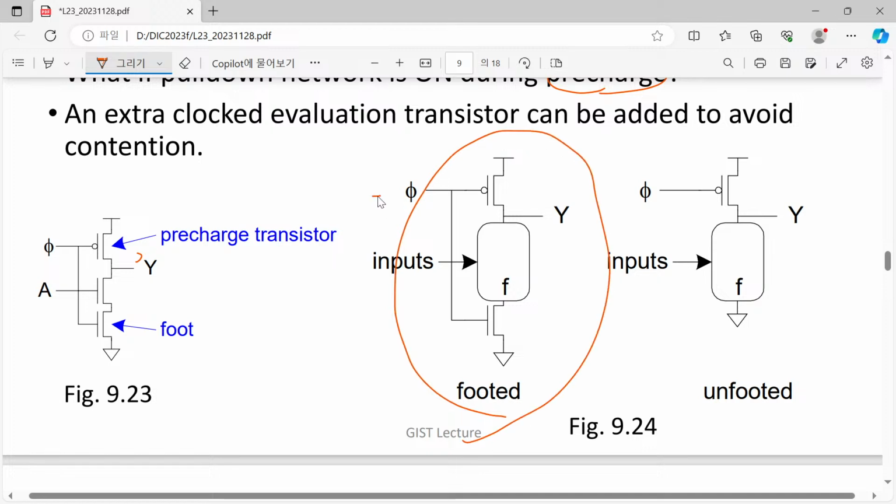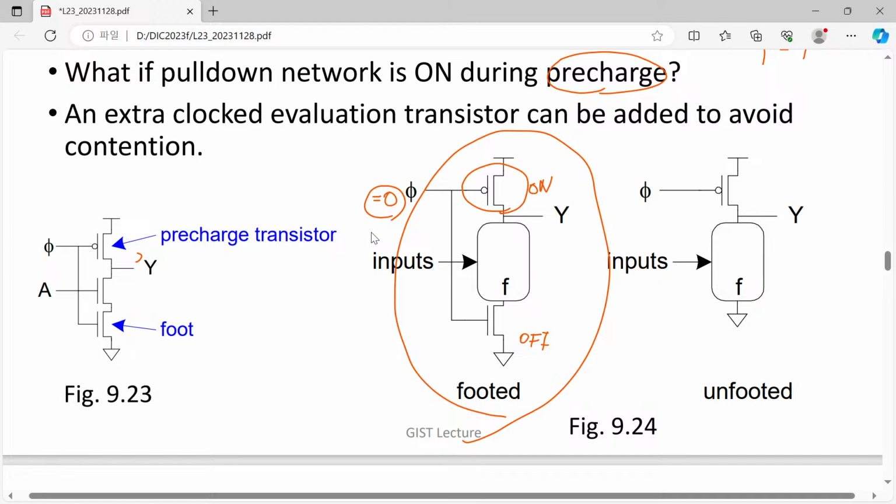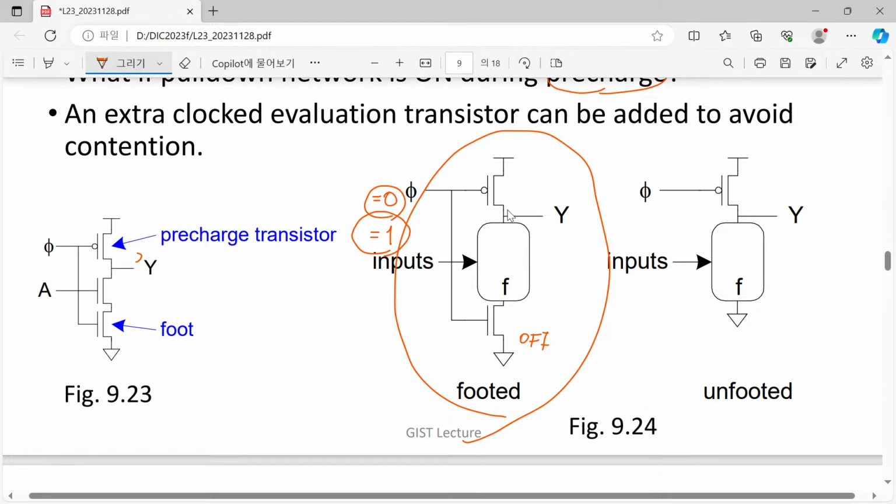So when we have pre-charge case 0, then this one is on and this one is off, so it is not conducting. Of course, when we go to the evaluation phase, we still have a desirable signal, because now this PMOSFET is turned off and our footed device is completely on, and it does not affect the logical behavior of our pull-down network.